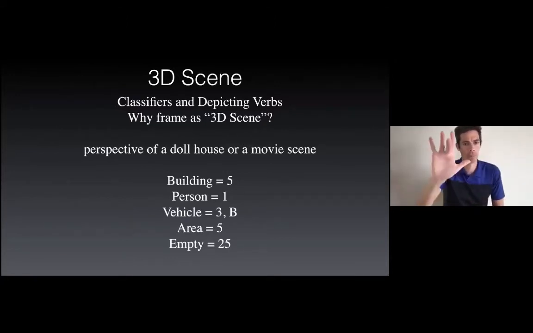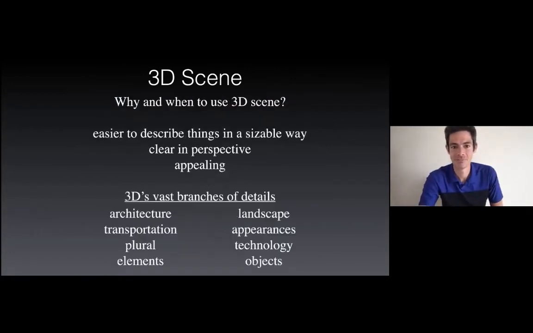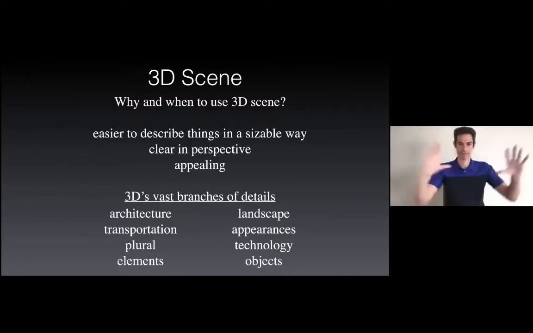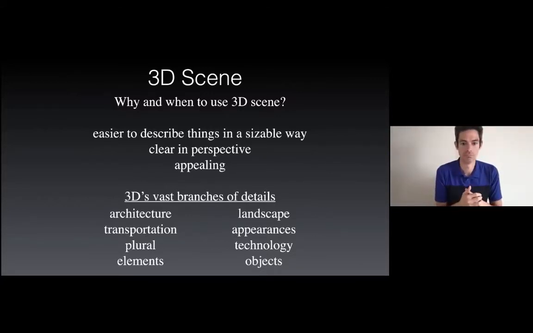If it's empty, nothing's there, you can use this middle finger sign. So this explains a little bit more why it's so much easier to see everything in a smaller scene space as opposed to large in actual life.